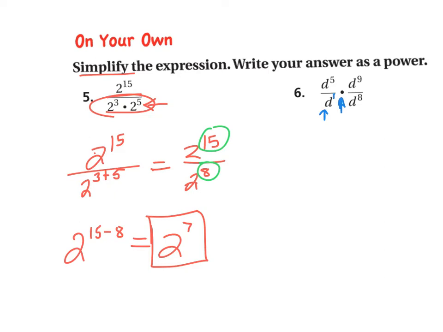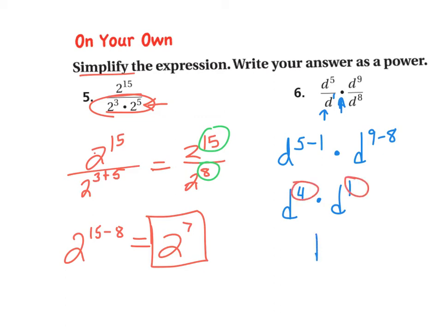So this is d to the power of 5 minus 1, and then multiply that times d to the power of 9 minus 8. Remember, it's top minus the bottom. So I simplify, I get d to the power of 4 times d to the power of 9 minus 8, which is 1. Remember, for multiplication we just add the exponents. So I get d to the power of 5.